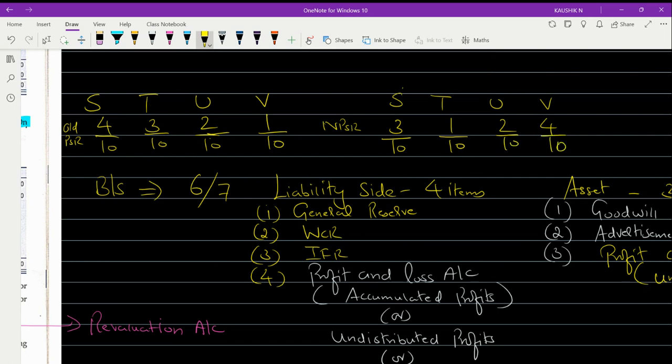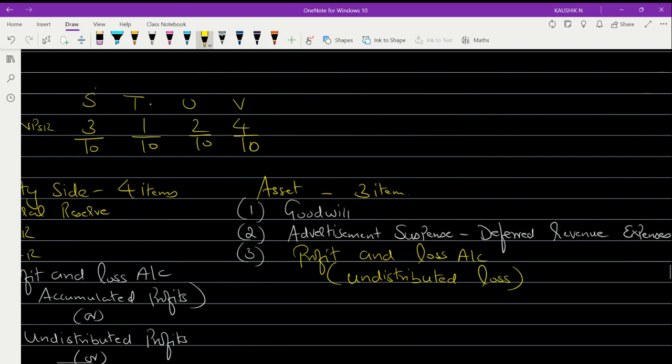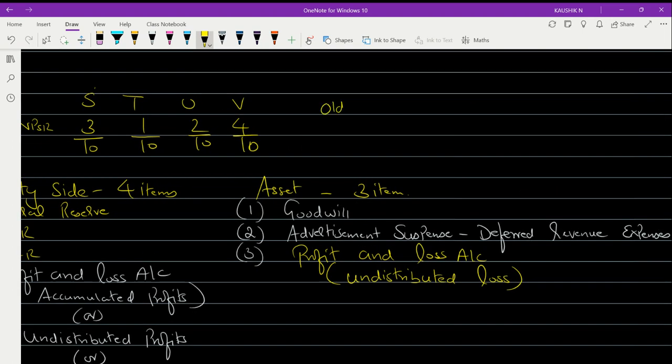Always remember, when you have these two pieces of information, that means old PSR and your NPSR, please work out and find out the sacrificing ratio, gaining ratio, that is, who is a sacrificing partner and who is a gaining partner. Work out that particular working, which will fetch you some marks. So use the mnemonic which we gave you, the song.